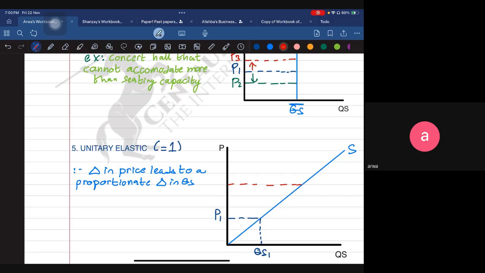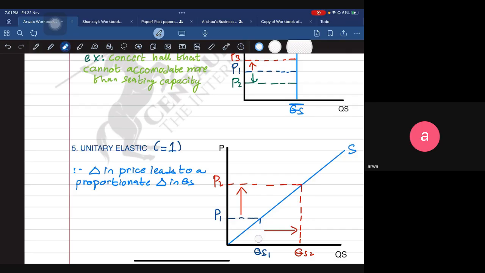No, I don't think this is the graph, because it's supposed to be that if the price increases a bit, the quantity supplied increases by the same amount. Oh yeah, then this is correct, because I keep removing demand, but according to the law of supply, this is correct. We see almost the same amount of change on both sides.